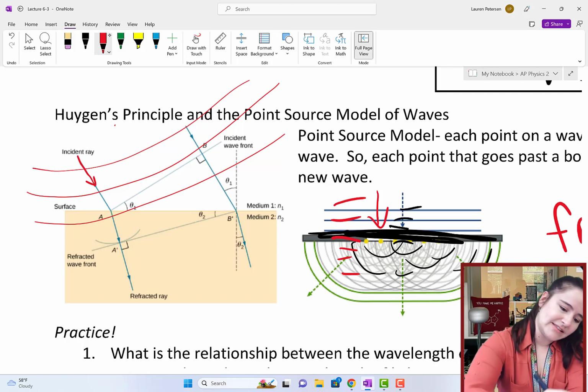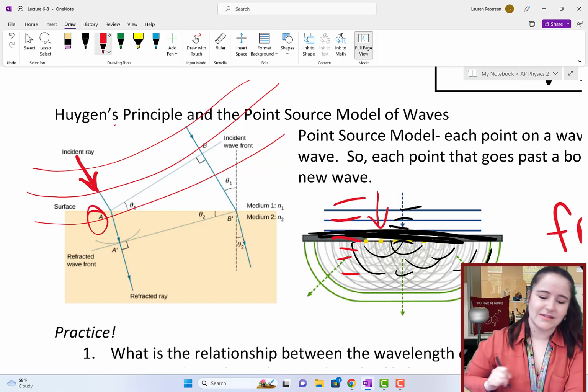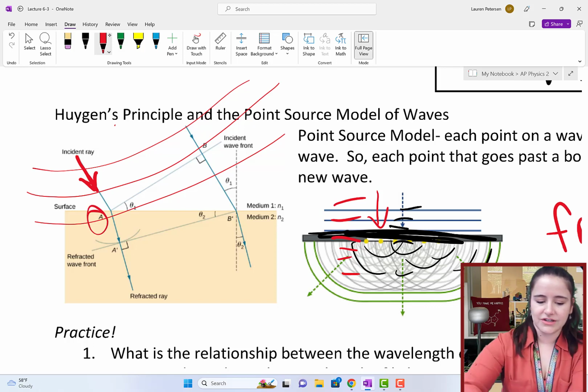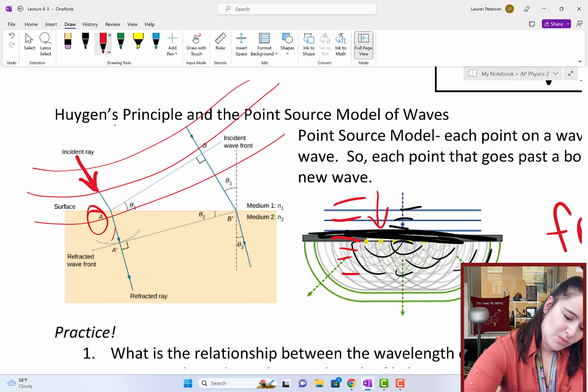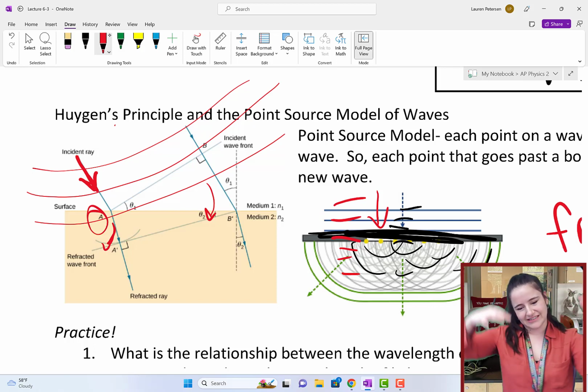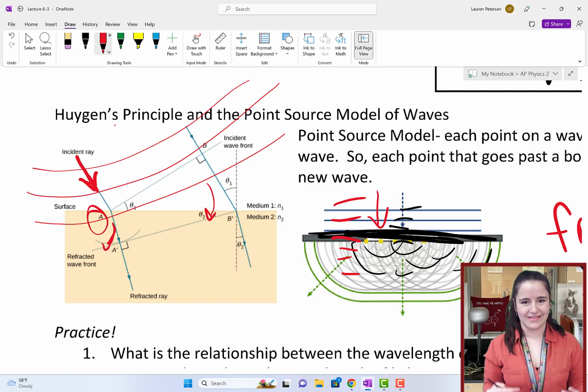If we have that incident ray coming in from that angle, these will hit sooner, and if it's going to slow down, then these will pull that wave that way. That's what causes it to refract and bend towards that normal.